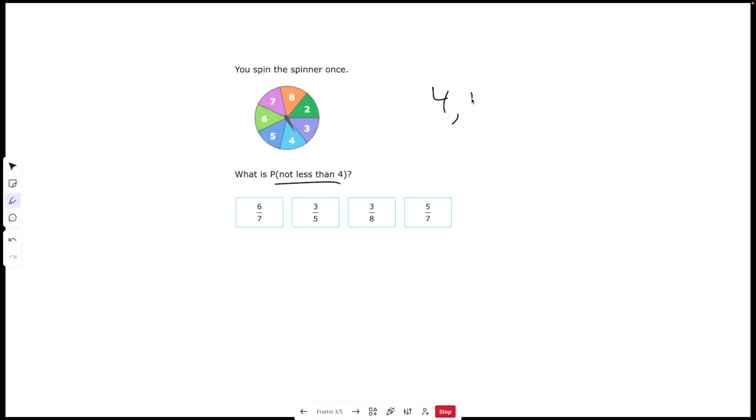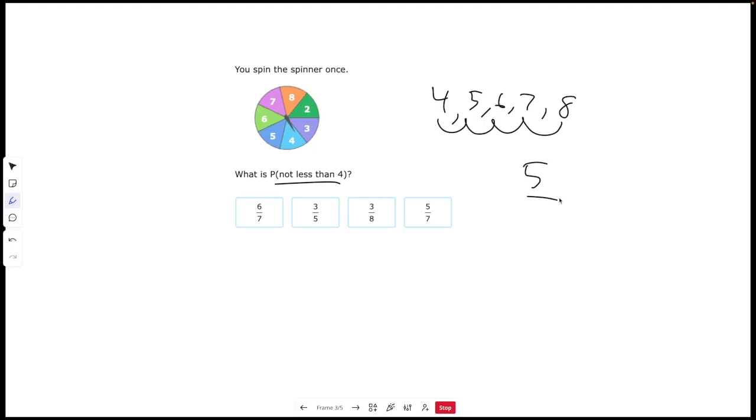So 4, 5, 6, 7, and 8 are all not less than 4. Okay? And so that would be 1, 2, 3, 4, 5 numbers out of the 7 total possibilities, because this spinner doesn't have the number 1. So 5 out of 7 is our final answer.